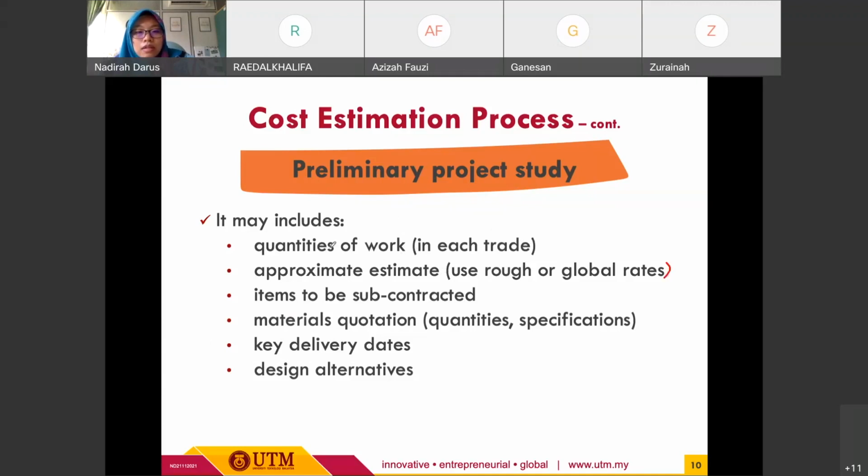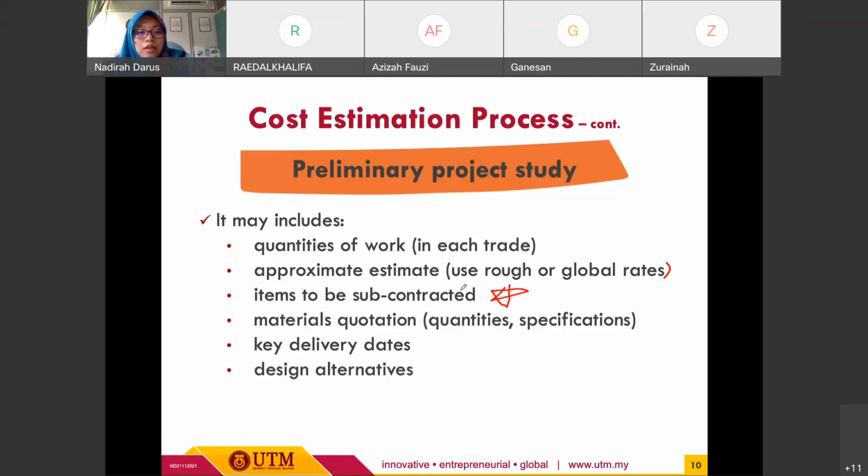And then they also need the items to be subcontracted. Most of the time, these subcontract works refer to any specialized works that need specialization or specialty. So that refers to the items to be subcontracted.